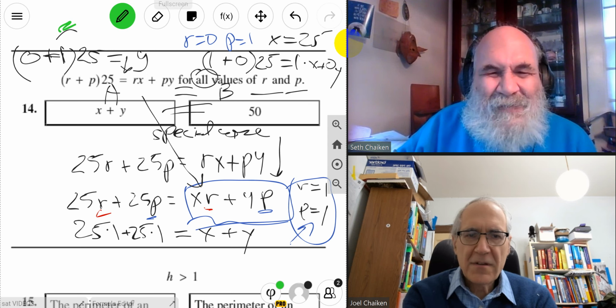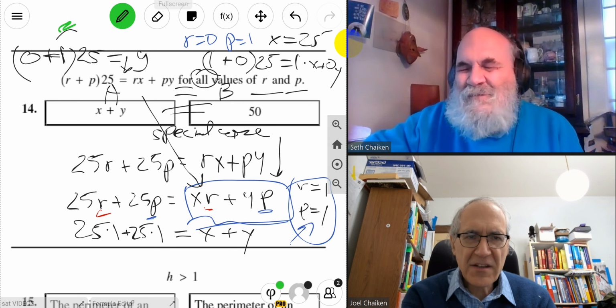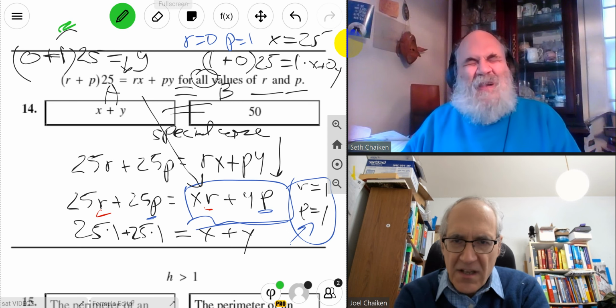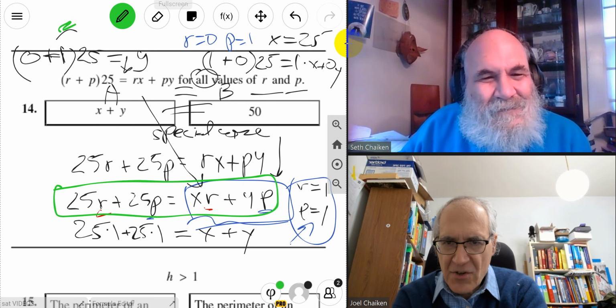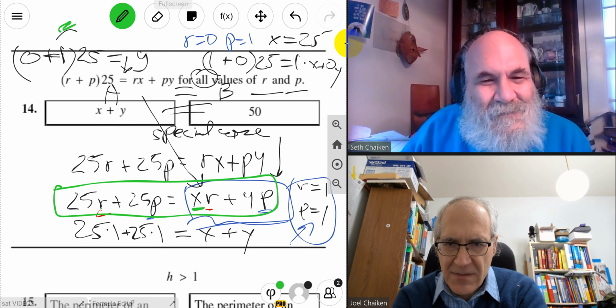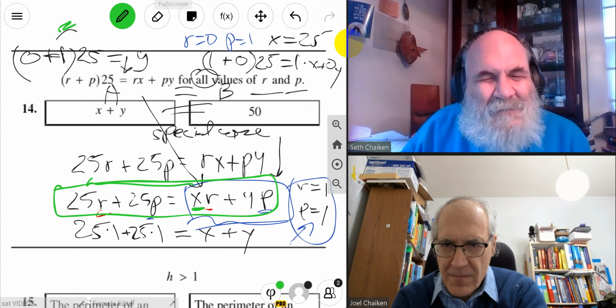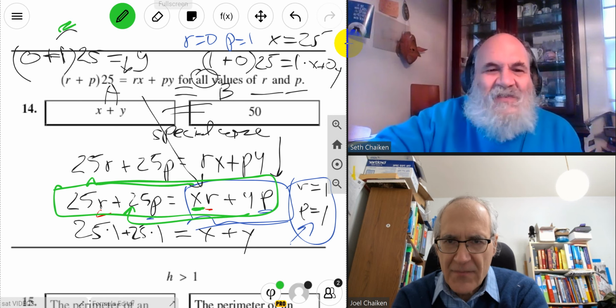Wait, so Seth, can I do it like this? Can I just look at this equation and see that in order for this to happen, x has to be 25? Yes. And y has to be 25? Yes, so you can do that too. So x plus y is saying 50.